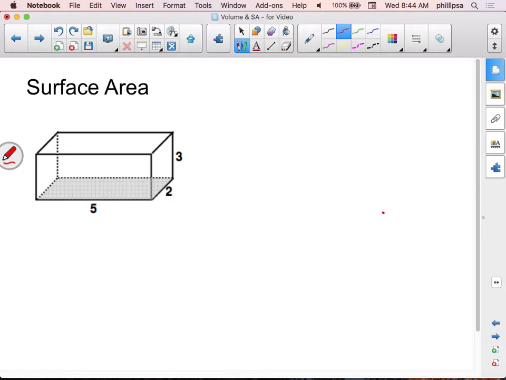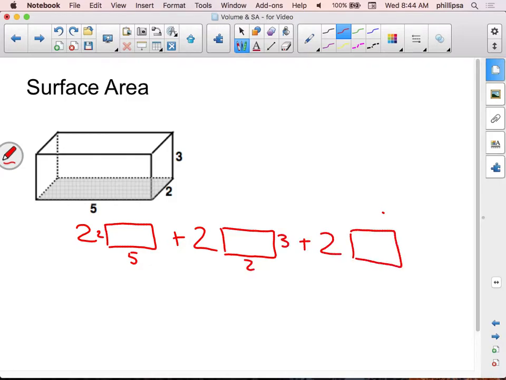With the surface area of a rectangular prism, there are 2 rectangles that measure 2 by 5, 2 rectangles that measure 2 by 3, and finally 2 rectangles that measure 3 by 5.